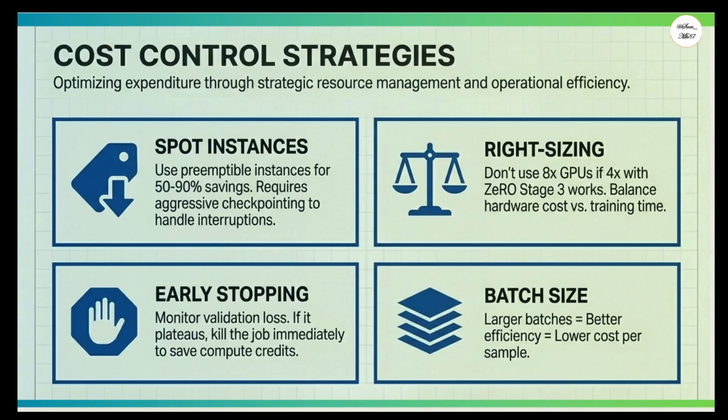Use early stopping to kill a job the moment you see the validation loss plateauing. Finally, remember that larger batch sizes generally lead to better efficiency and a lower cost per data sample. So the key takeaway from this slide is that strategic resource management is what separates an expensive experiment from a sustainable business product.